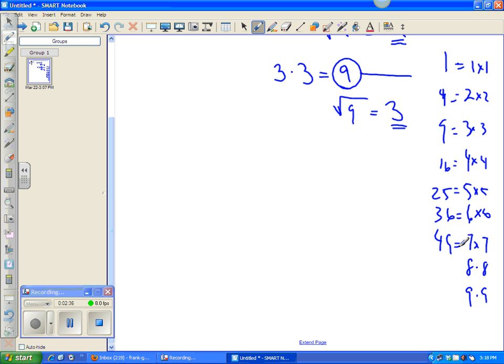Can't believe I got something wrong. 49, 64, and 81. By the way, the perfect square for 100 is, I'm making this up, 10 times 10 is equal to 100. So these are the perfect squares you probably should have memorized. Any more than these, and you're going into a different realm of understanding for mathematics, which is cool.